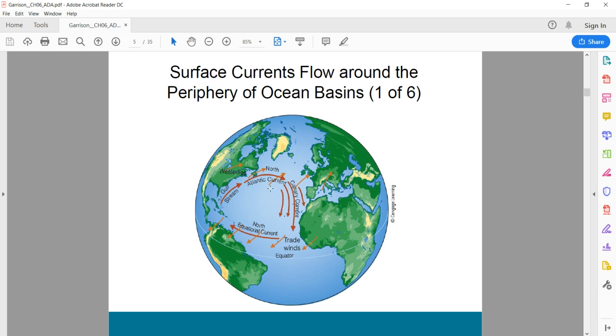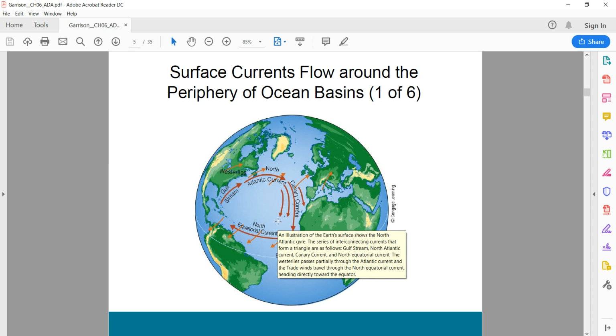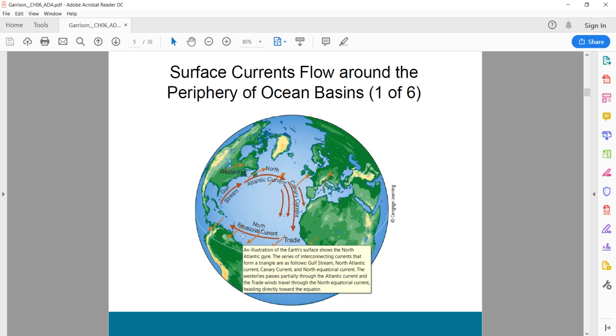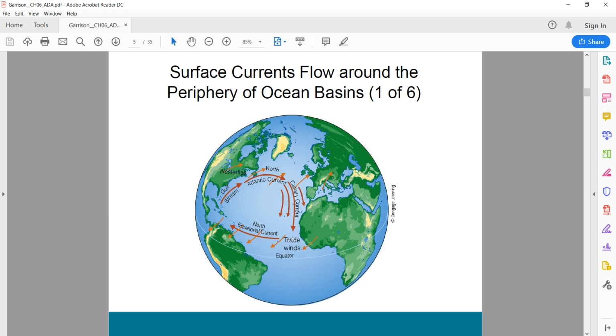So these are the different components of gyres, or different currents in the gyre. And one thing you might notice is that near the equator, the currents are almost a straight line going from east to west, and that's because the Coriolis effect is almost negligible near the equator.